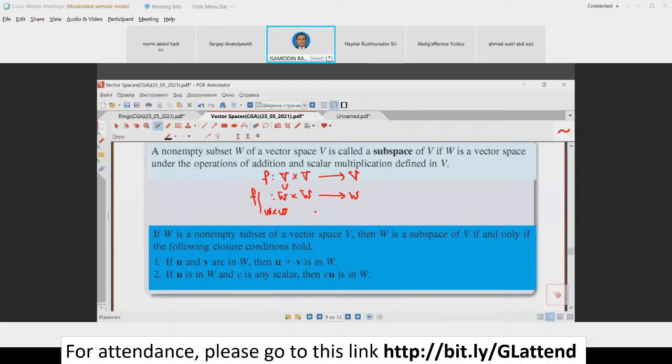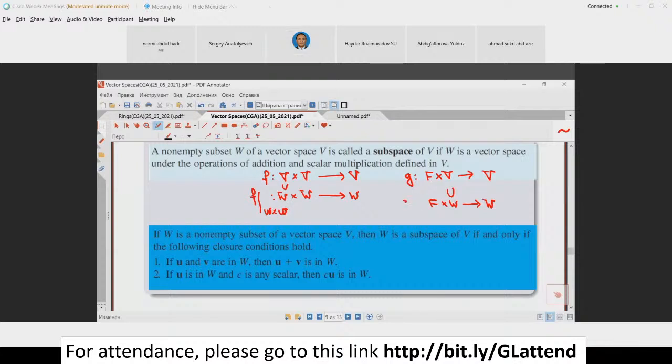Then another one is again G, from F cross V into V. Again you have here the subset W, F cross W. The result of this must be in W again.